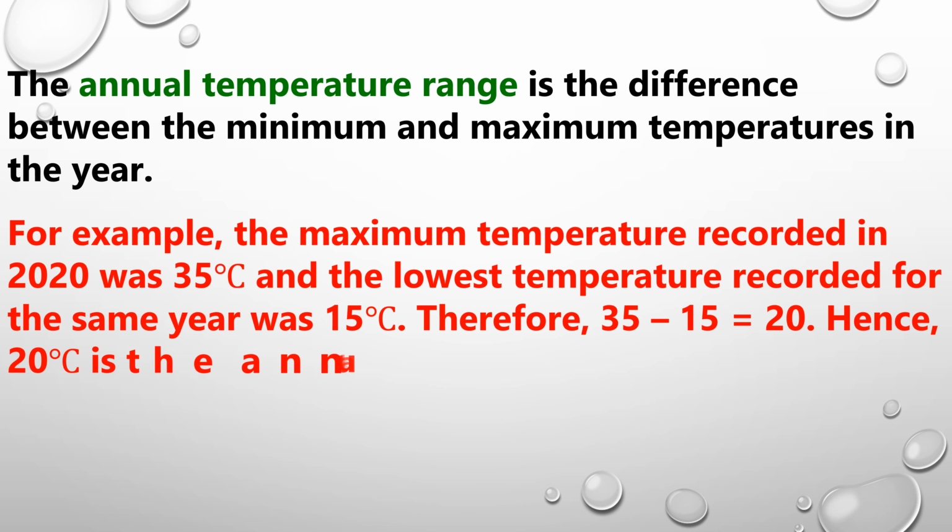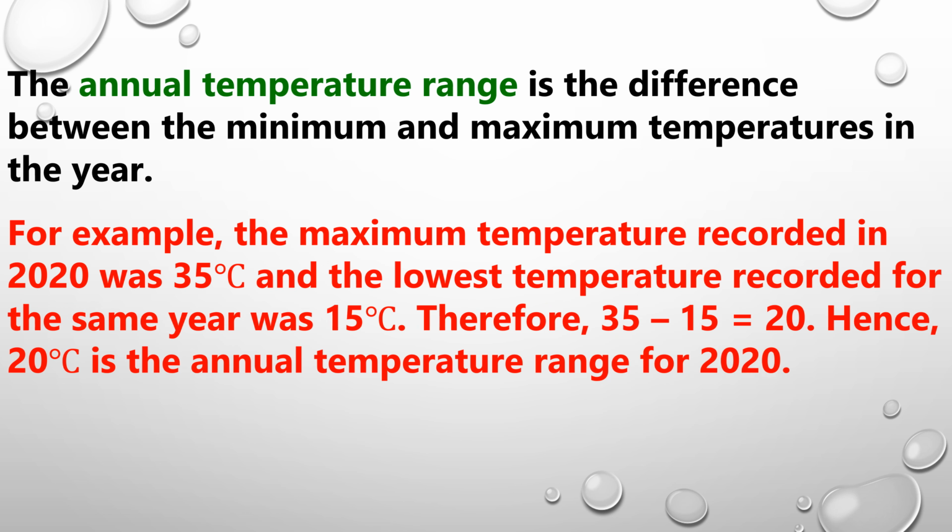Now, the highest temperature recorded for the year 2020 was 35 degrees Celsius, and the lowest temperature recorded for the same year was actually 15 degrees Celsius. To calculate the annual temperature range, we will now subtract 15 degrees Celsius from 35 degrees Celsius, since it is the minimum temperature.